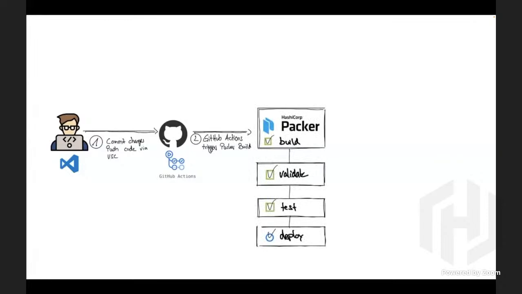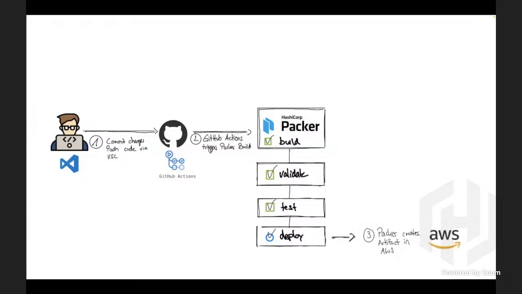Packer will start to build the image, but before that, it's going to initialize my secrets. It's going to validate if the Packer template is okay, if there are any syntax errors, making sure the code is okay, and then it starts to create the AMI, the Amazon Machine Image.